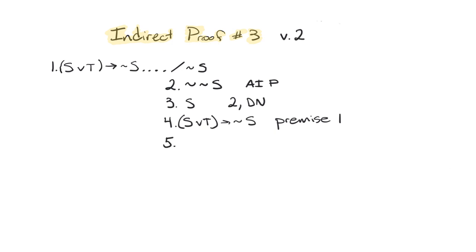From line 3, I get S, and I know that a whole disjunction is true as long as one side is true. And we know the S side of this disjunction is true. So I can then add anything using the disjunction rule, and I can justify that with line 3, where we get the S. This is called the addition rule.